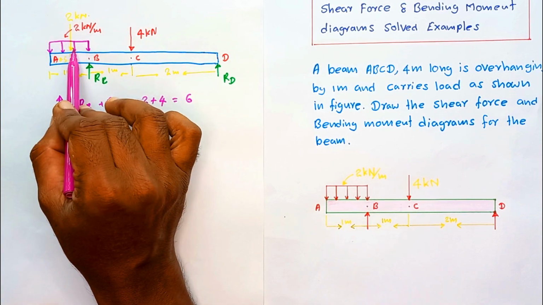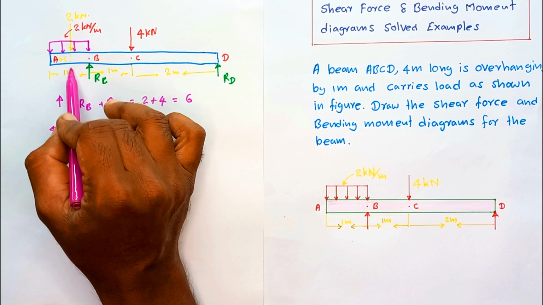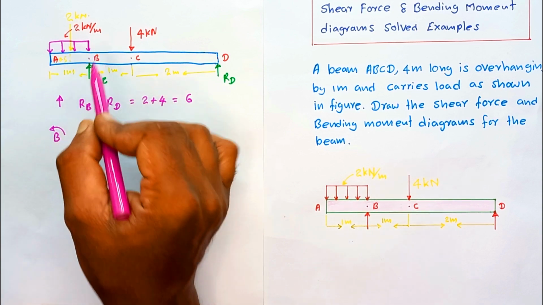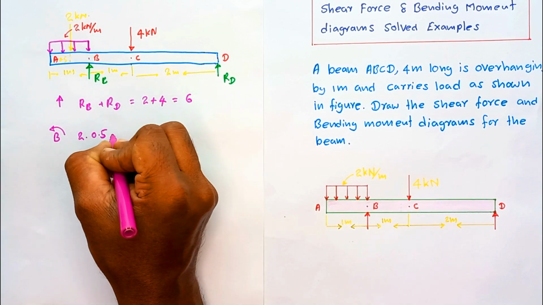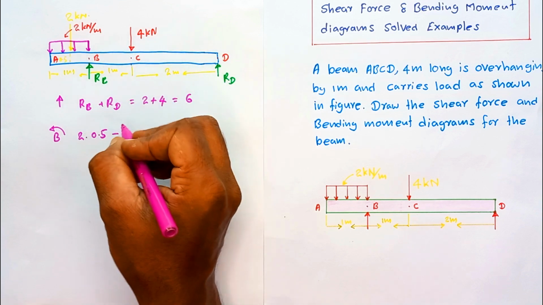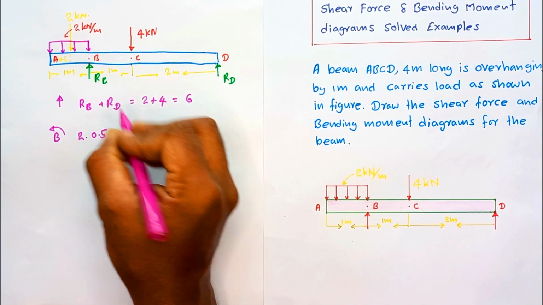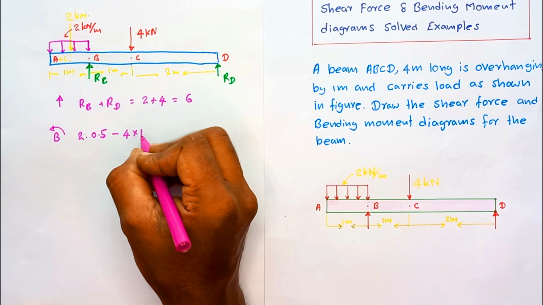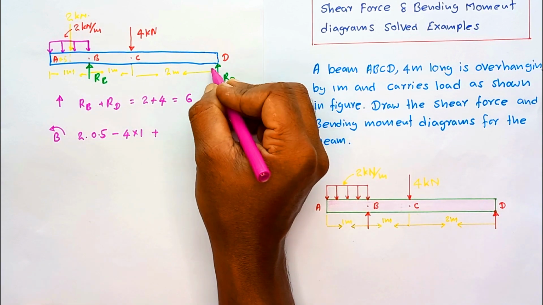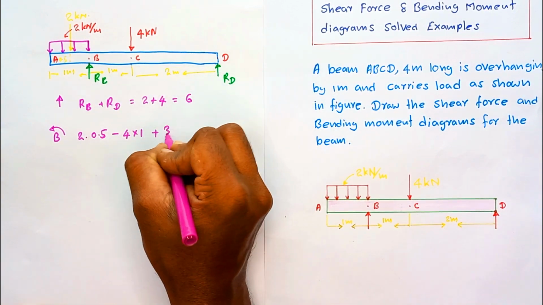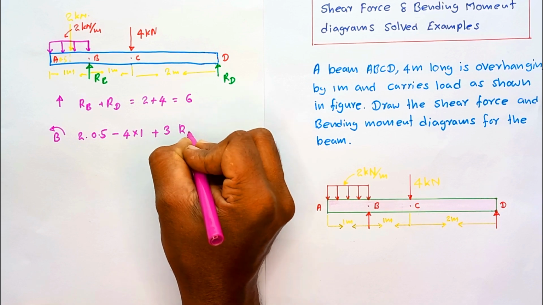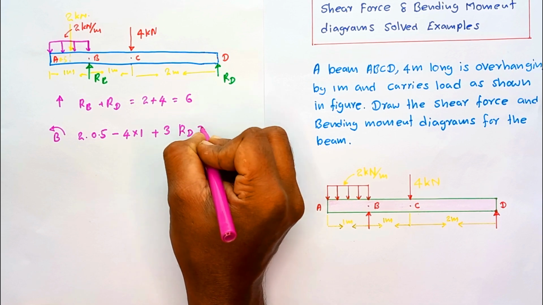The resultant force acts at the middle, at 0.5 distance from B, minus the moment produced by the point load, 4 into 1, the distance is equal to 1, plus here the total length 3 into RD is equal to 0.